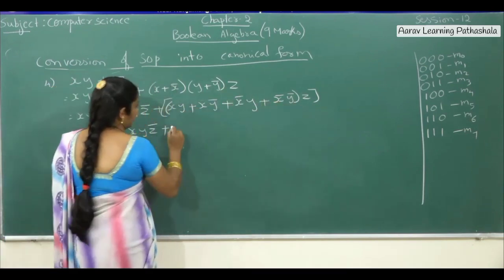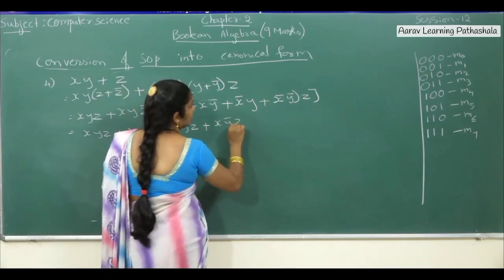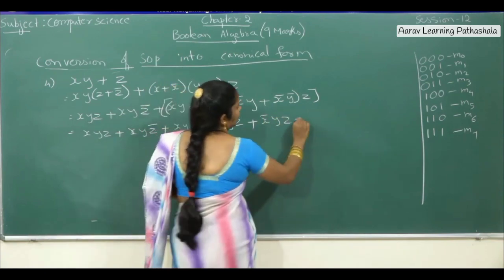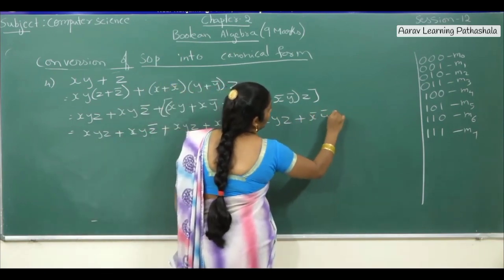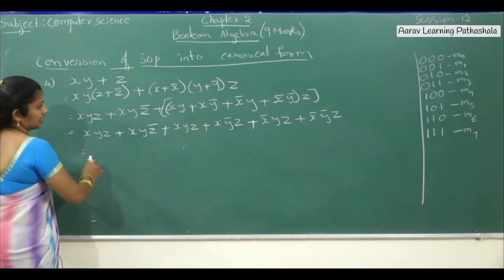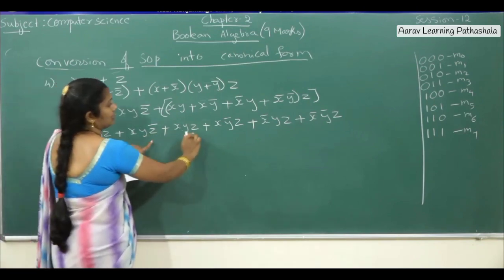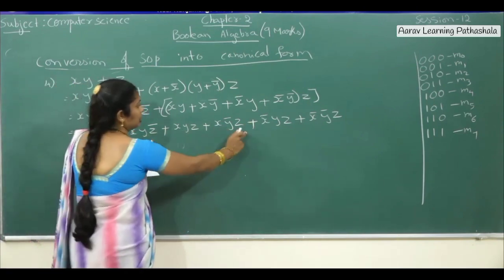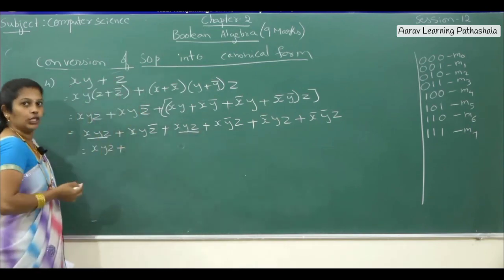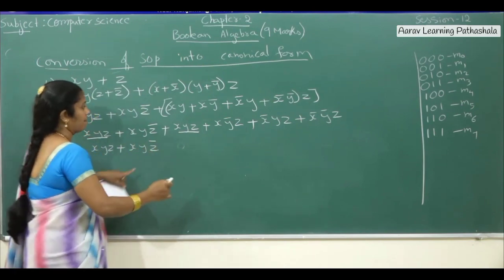Multiply z with all the remaining variables: xyz plus xy bar z plus x bar yz plus x bar y bar z. Now remove the duplication. See the equation, xyz appears here, here and here, so only one time I can write xyz plus xyz bar.